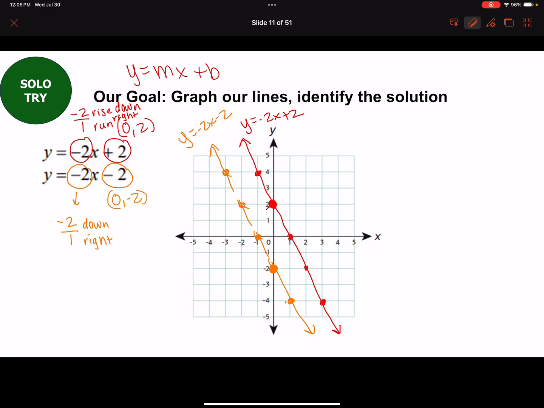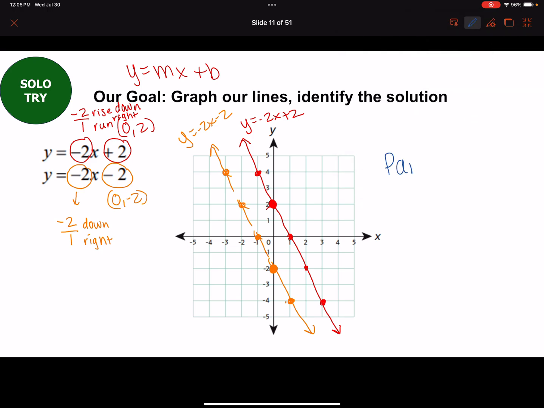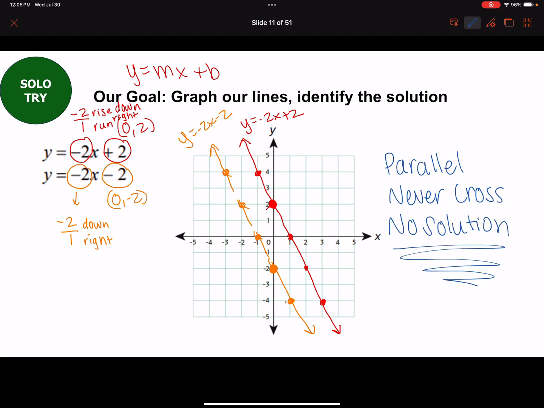What do you notice about these lines? The orange and the red line, what do you notice? Hopefully you notice that these lines are parallel. Parallel, that means they will never cross or intersect, which means there is no solution. No solution.